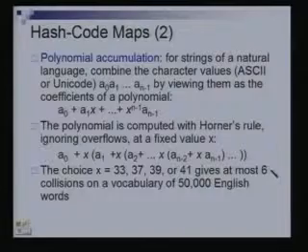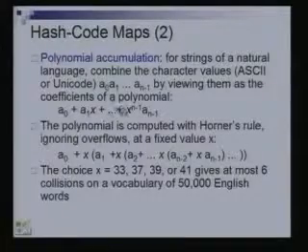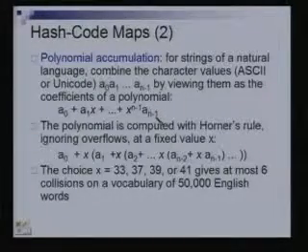You will have at most 6 collisions, right? So there's no theory behind it. This has been observed experimentally, right? So this is some experimental study in favor of this kind of a hash code map.